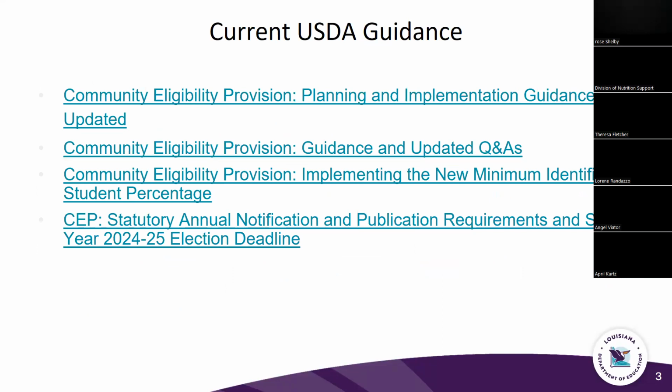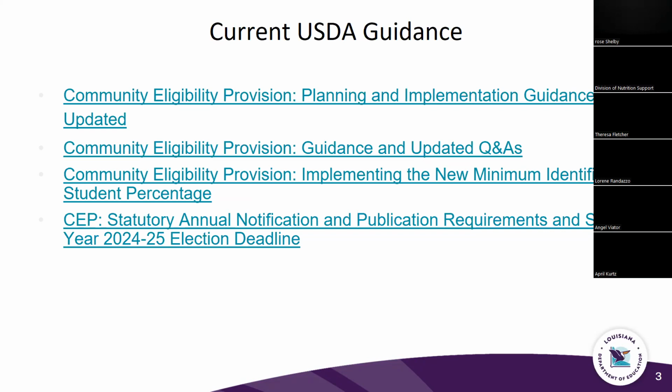There are many guidance materials available that are highly detailed from the USDA. Many of them were recently updated because of the new percentage having been lowered. These include the Community Eligibility Provision Planning and Implementation Guidance, Updated, released in February 2024, which replaces the 2016 version.